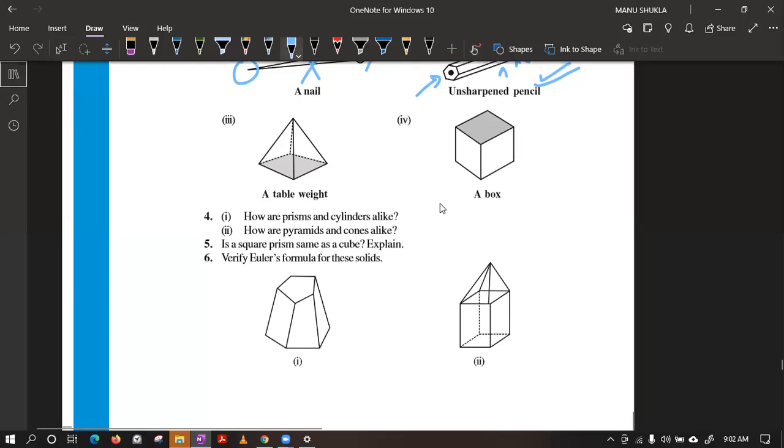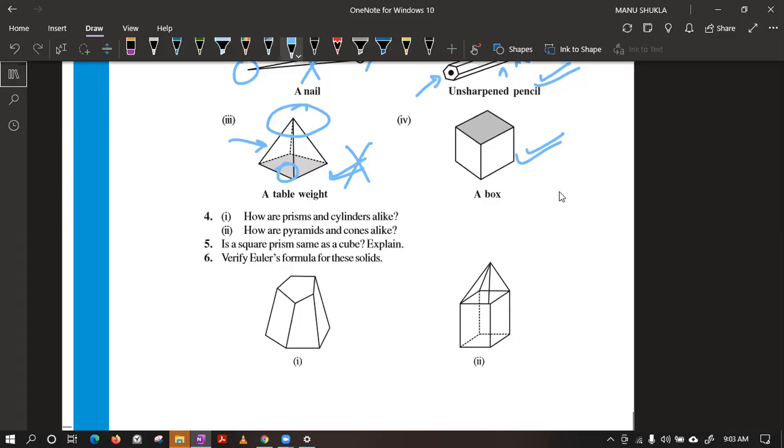Okay, the third one is a table weight, which is the shape of a square pyramid. It is not a prism, because the top is not the same as the bottom, first of all, and second, the lateral surfaces are triangles, not parallelograms.